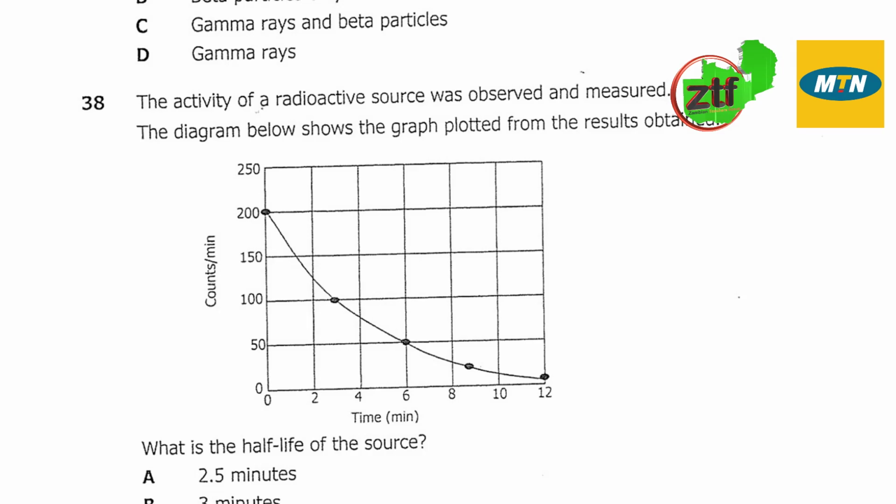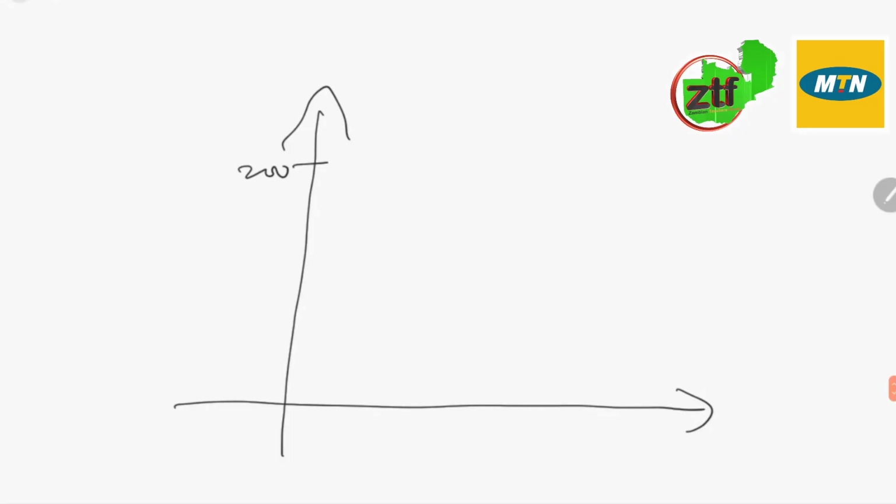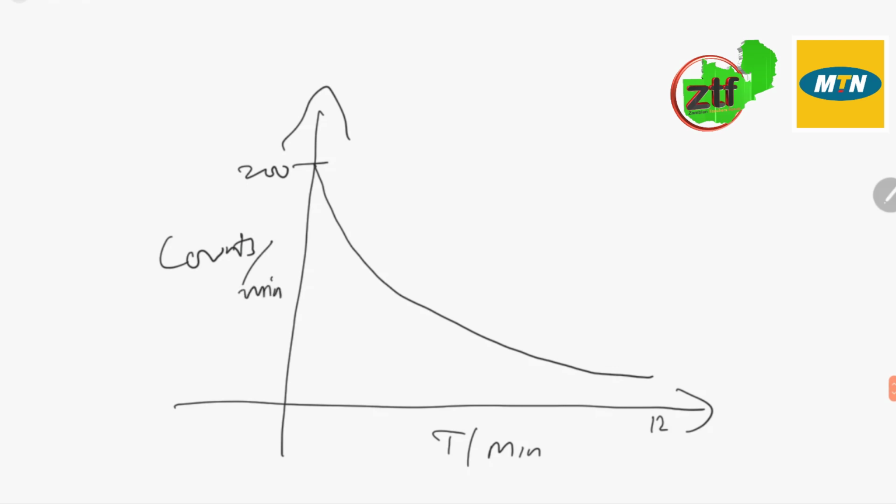It starts at 200 roughly, and then the curve comes all the way down to some point which is 12. The time is in minutes here, and here is counts per minute.